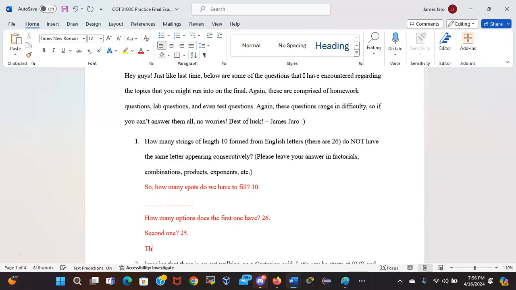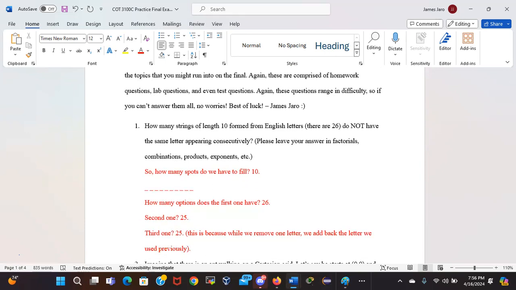What about the third one? Not 24. Remember, we do not want the same letter. Yeah, it's still 25. This is because while we remove one letter, we add back the letter we used previously.